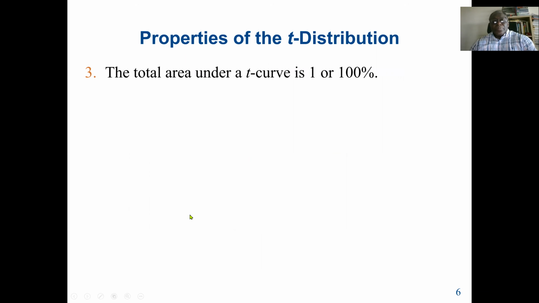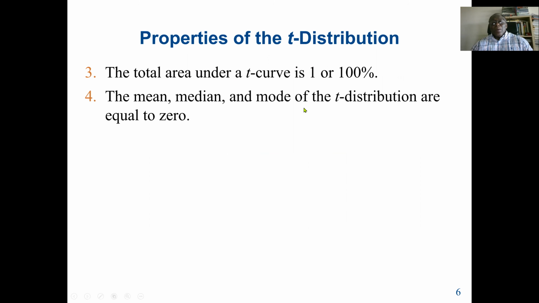So these are the properties of the t-distribution. And the third one is that the total area under a t-curve is always 1, just like under the normal curve, where the distribution is 100%, so it's 1. Then the mean, median, and mode of the t-distribution are equal to 0 because they are in the center, same as the standard normal.